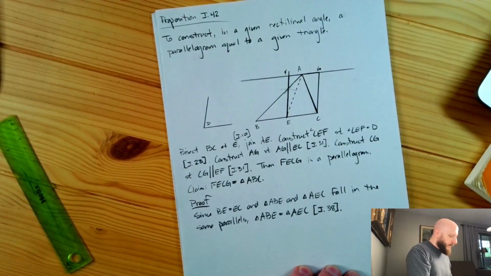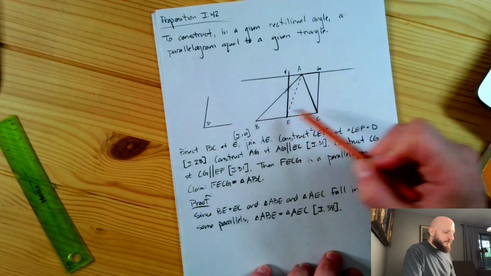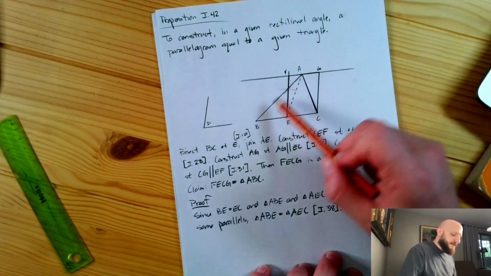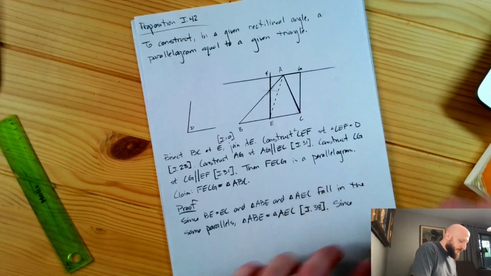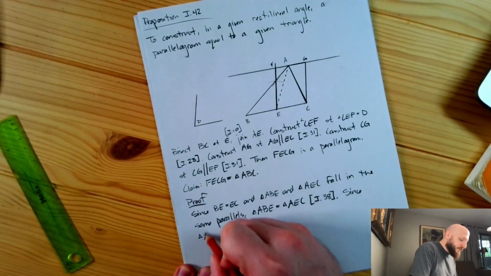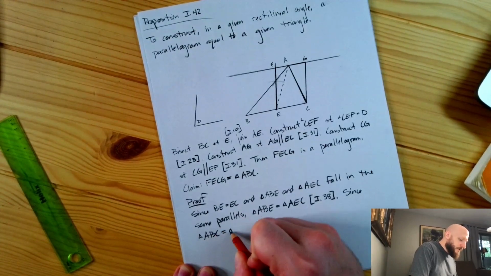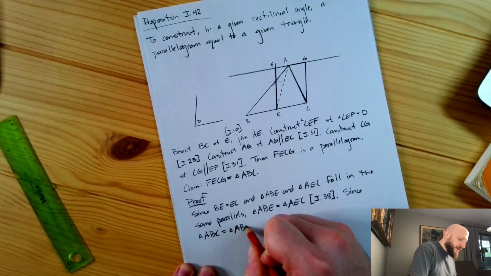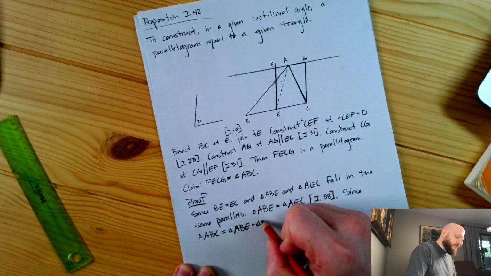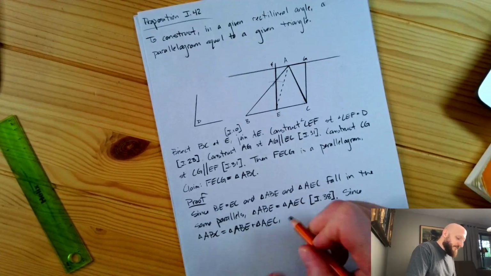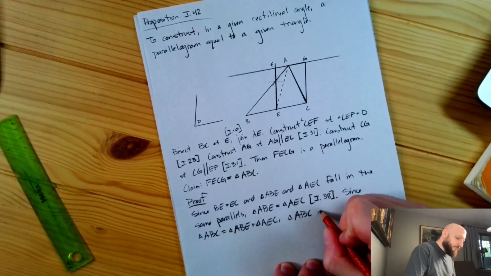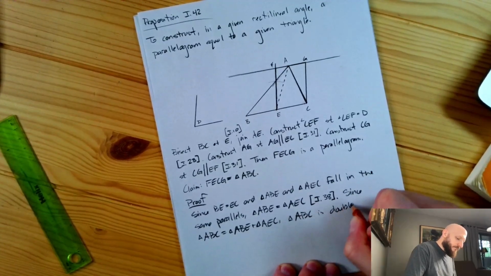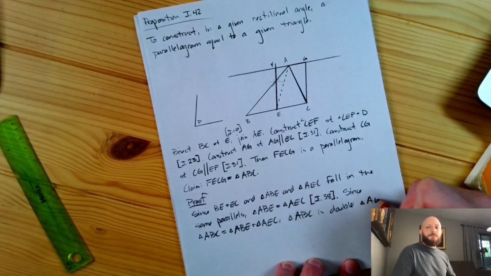But note that triangle ABC is the sum of triangle ABE and AEC. So since triangle ABC is equal to ABE plus AEC, we have that triangle ABC is double triangle AEC.